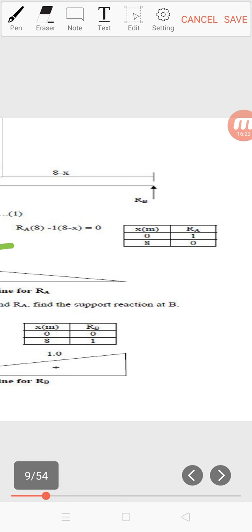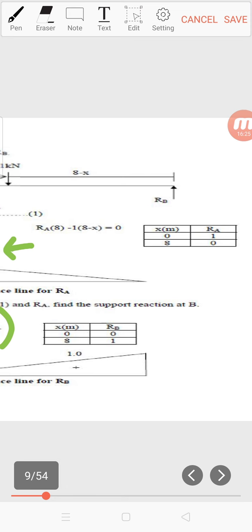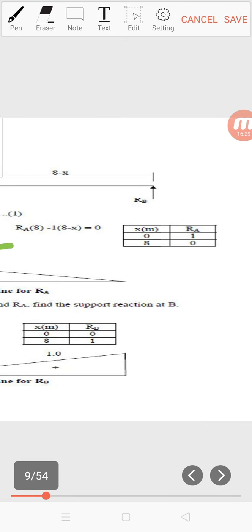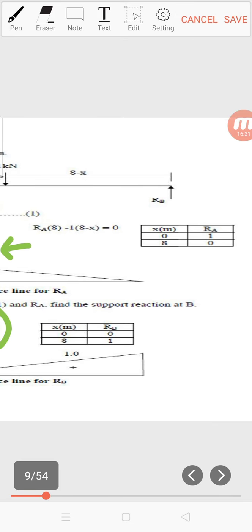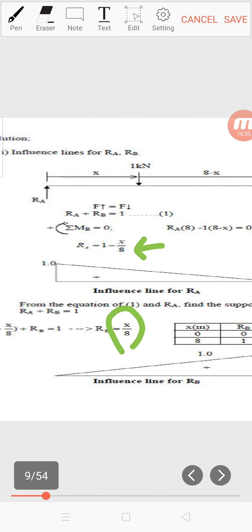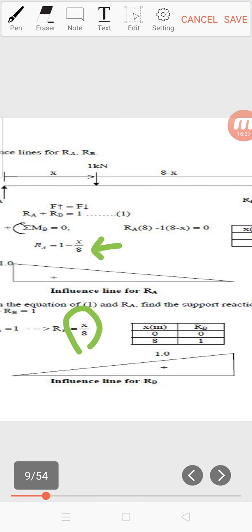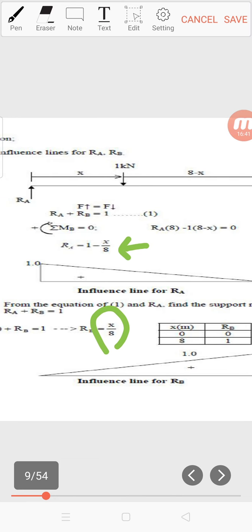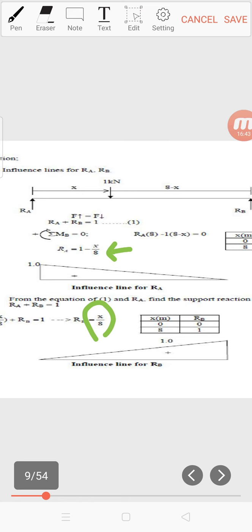Then you substitute this x into the RA and RB equation, and you will get the value for RA. Then from this table, we draw the influence line. This is the influence line for RA.